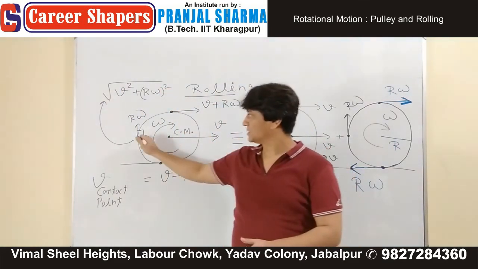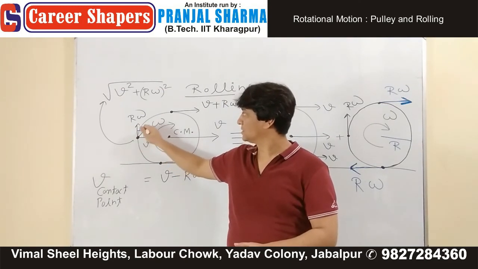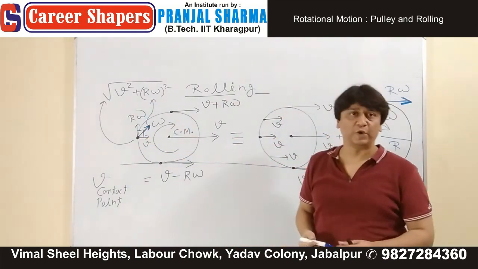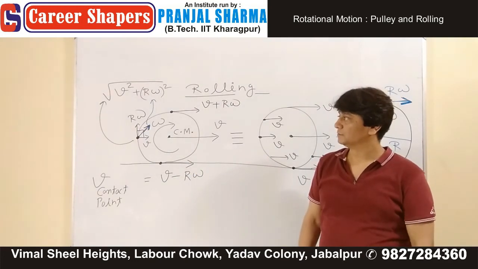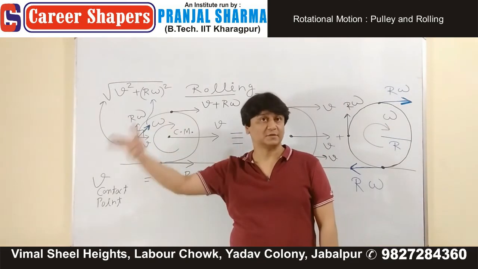And that vector sum will be in this direction. So this blue arrow is your root over V square plus r omega square. Vector sum.